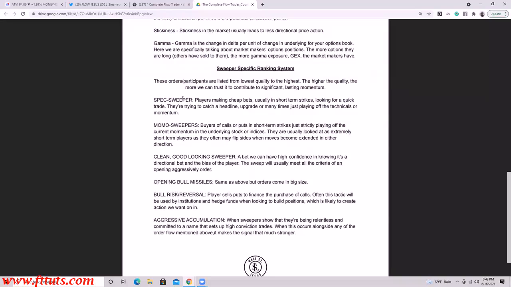That's how, now more than ever, when the pros buy, they do it via sweep. When the pros are betting either with conviction on a name or short term, off momentum, whatever, the professionals are sweeping offers. Blocks are dinosaurs.